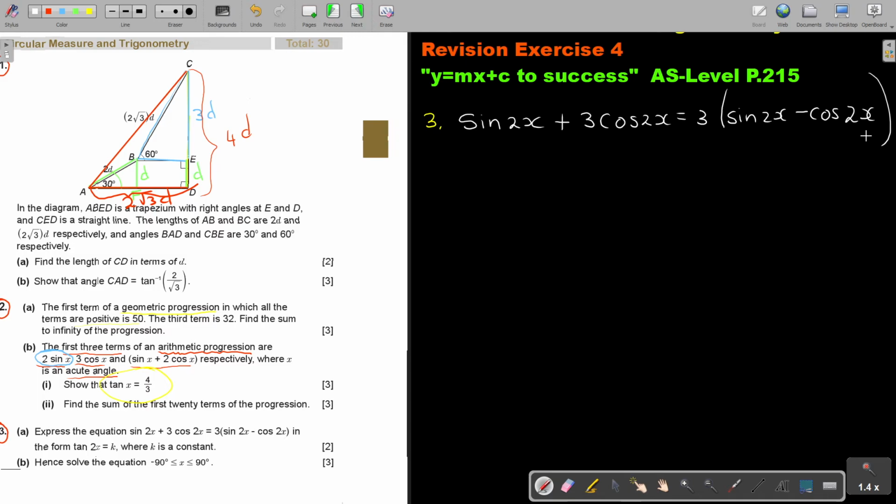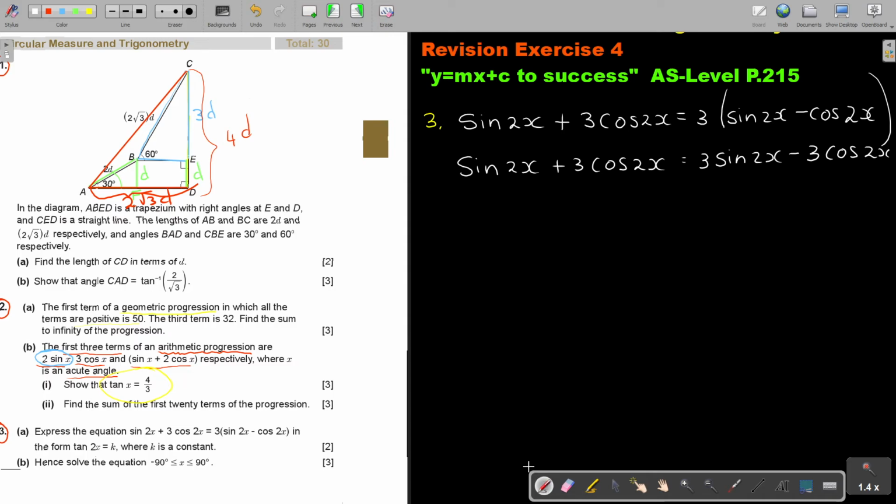So I'm first going to quickly multiply this out and take all the sins and the cos to the same side. So, okay, let's just start. Sin 2x plus 3 cos 2x equals 3 sin 2x minus 3 cos 2x.